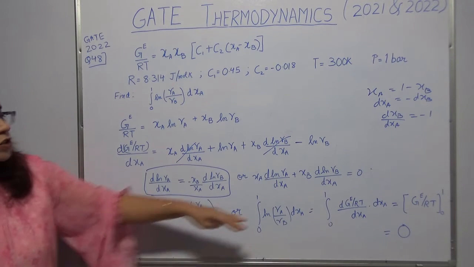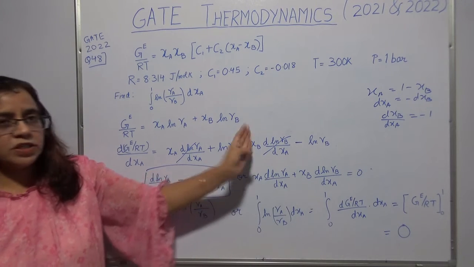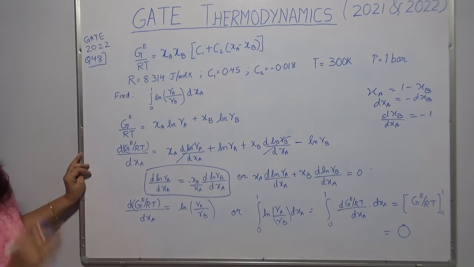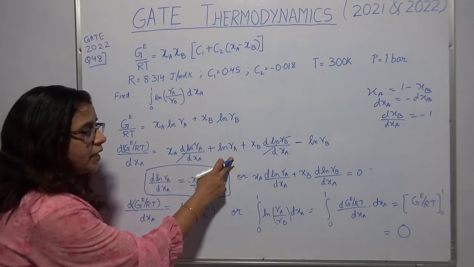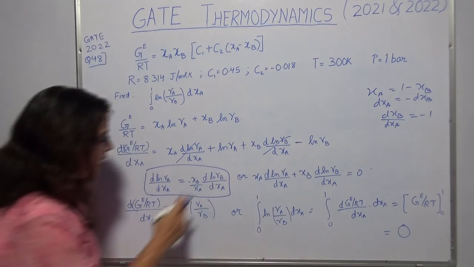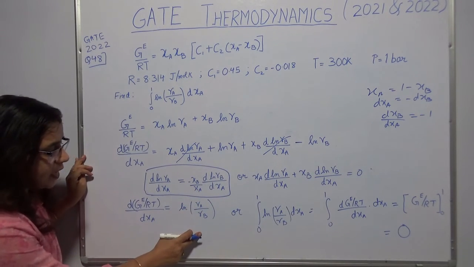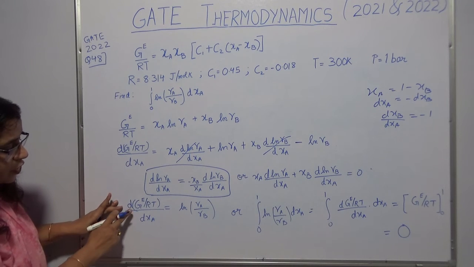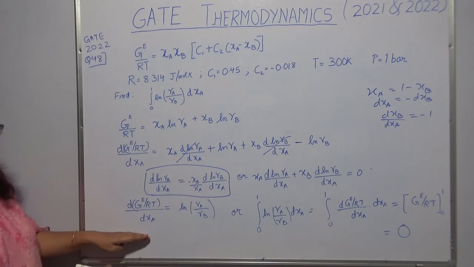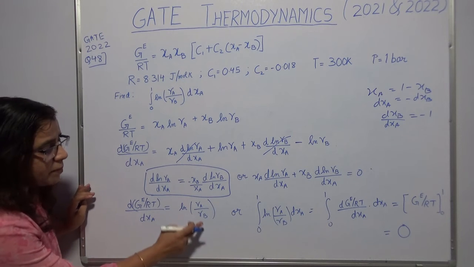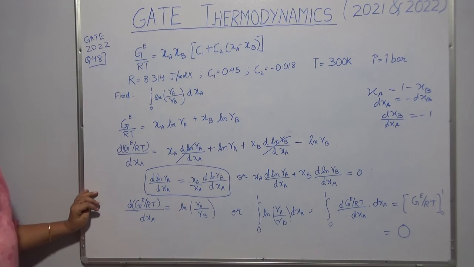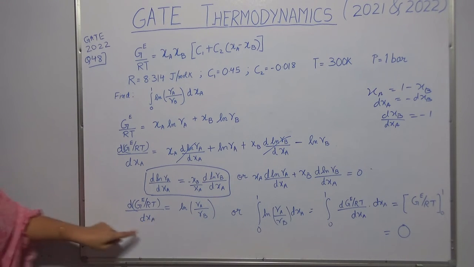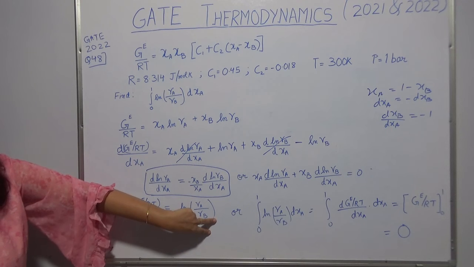This is also one form of the Gibbs-Duhem equation. So what I am left with is only ln gamma A minus ln gamma B, or I can write it as ln of gamma A by gamma B. So basically the differential of GE by RT with respect to XA is equal to ln gamma A by gamma B. So I have got this part done.